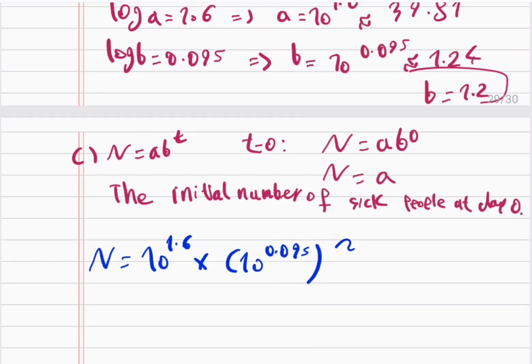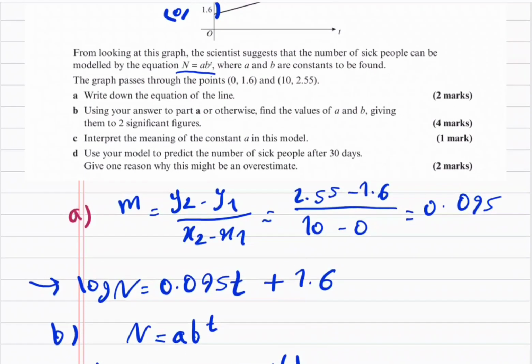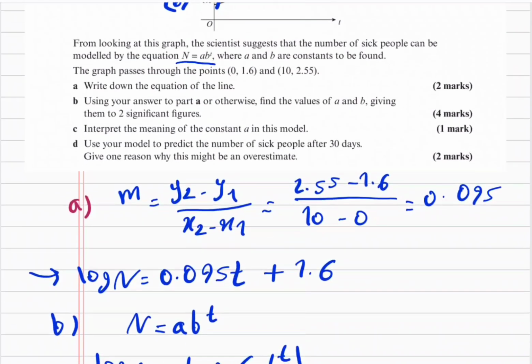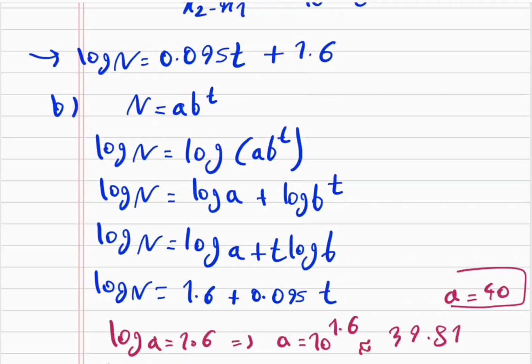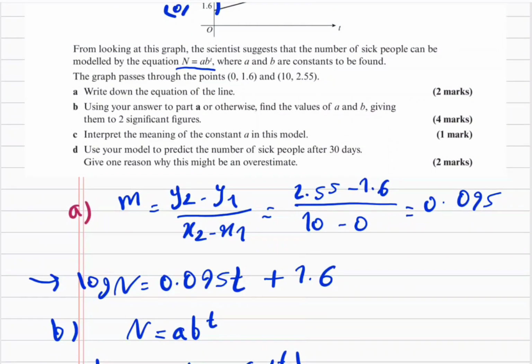So that just means that if you want to predict after 30 days, remember t is just the number of days, so you just write 30 outside. And now we have n is equal to 28,183.8.